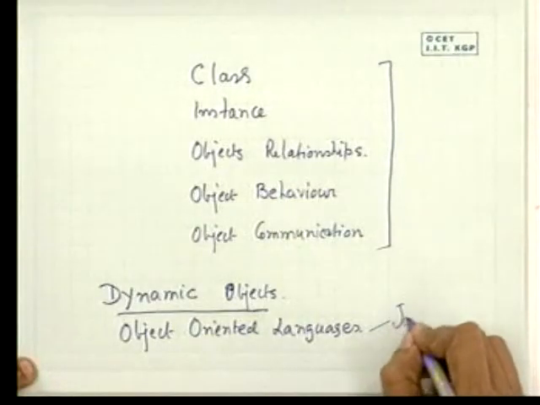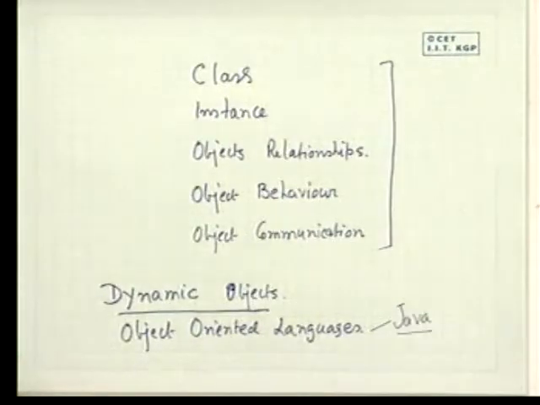So we will see in Java how classes are defined, how object relationships are captured, how it supports the concept of encapsulation, how polymorphism is supported, and then other features which are very specific to Java will be dealt with.